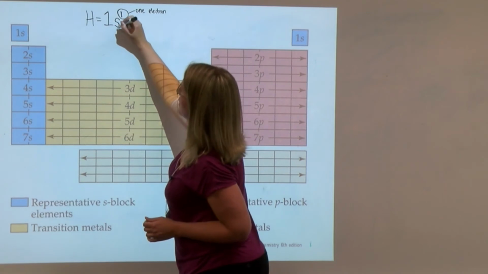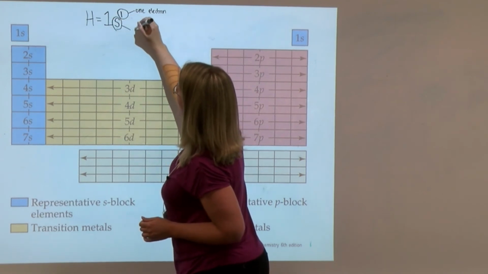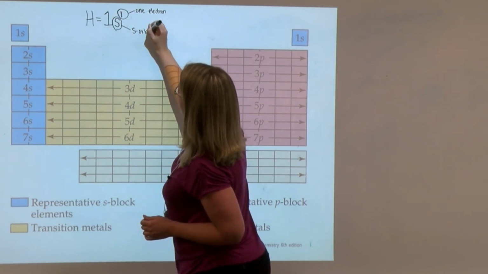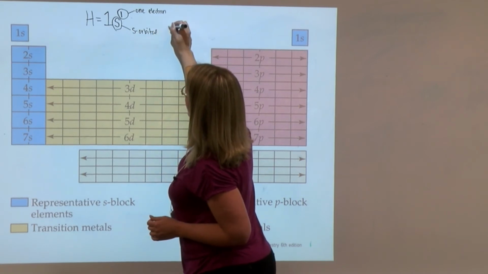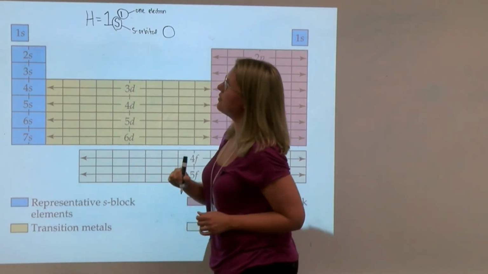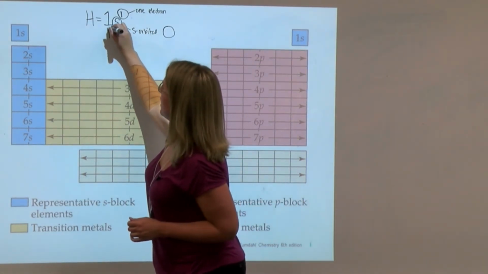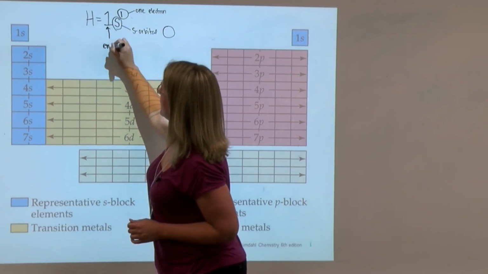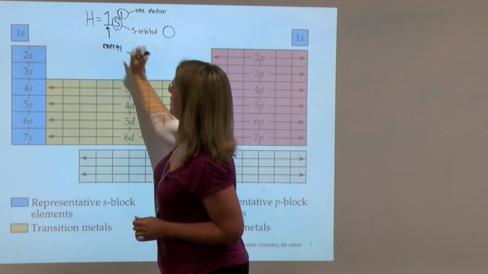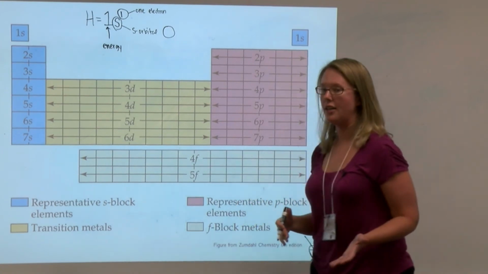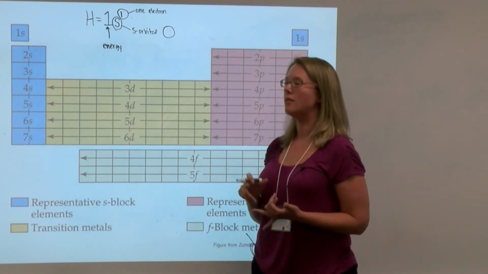Where is the electron? It's in an S orbital. And remember we said S orbitals are spheres. And what energy level is it in? It's in the first energy level. So hydrogen's 1 electron is in an S orbital, and it's in the first energy level.